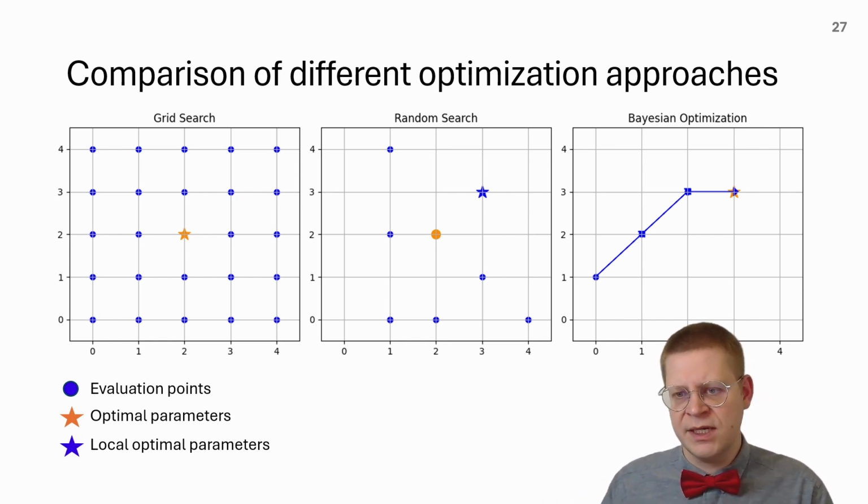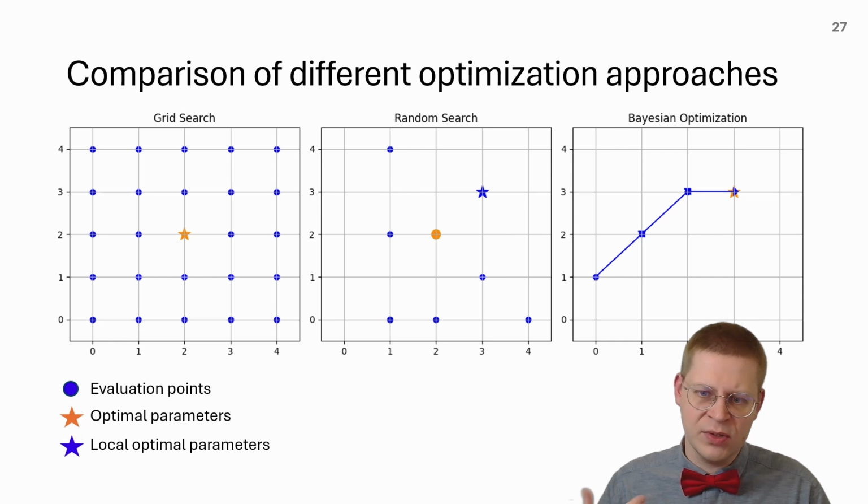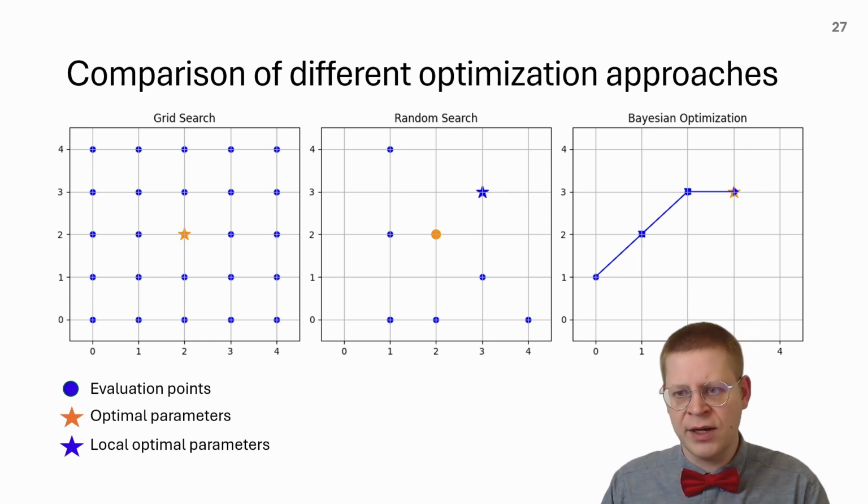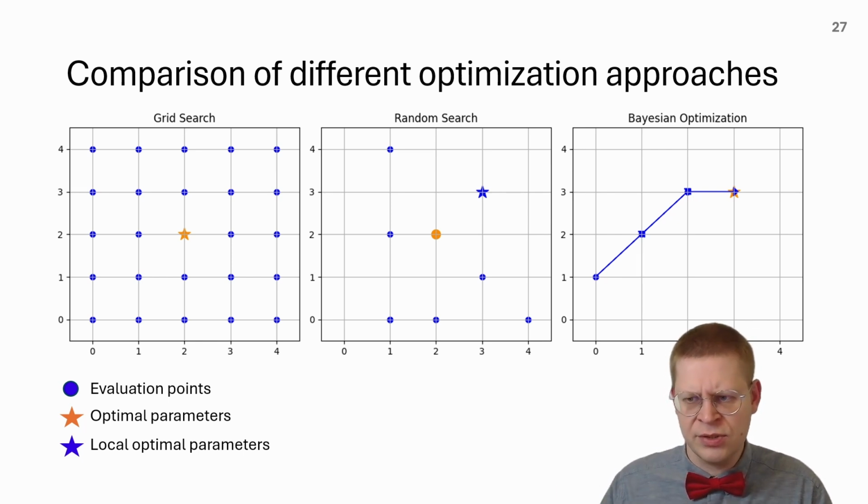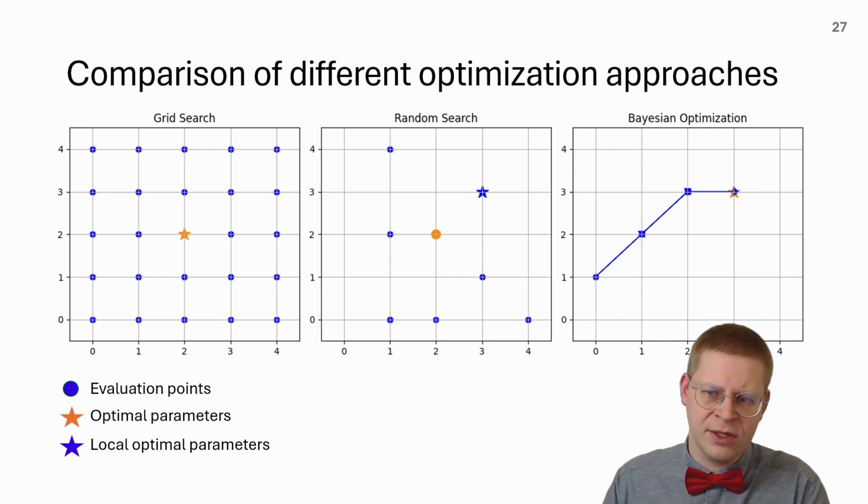This adaptive, data-driven approach means we typically require fewer evaluations of our expensive model compared to brute force or purely random sampling. That is why Bayesian optimization is especially valuable when each trial, such as training a large neural network, takes significant compute time.